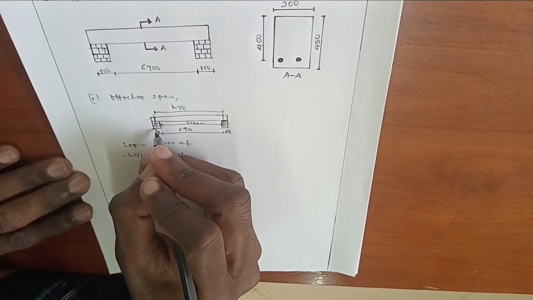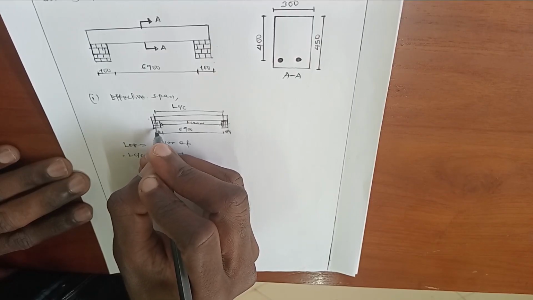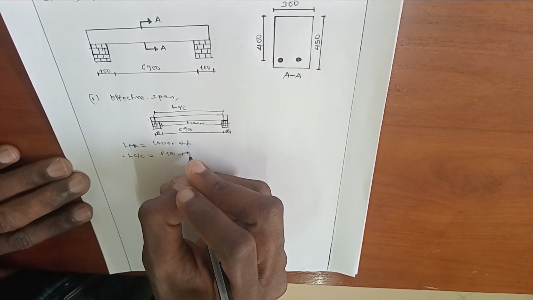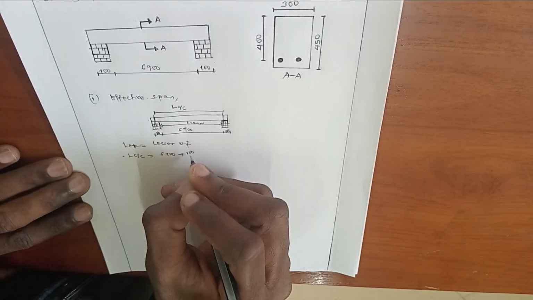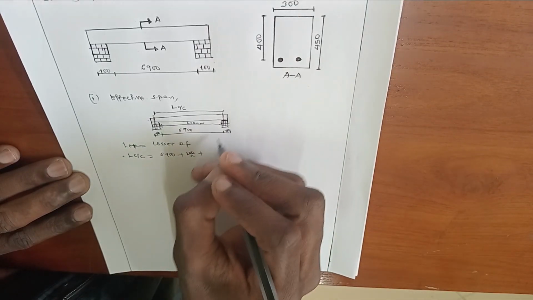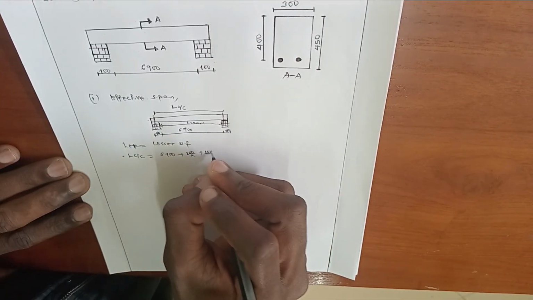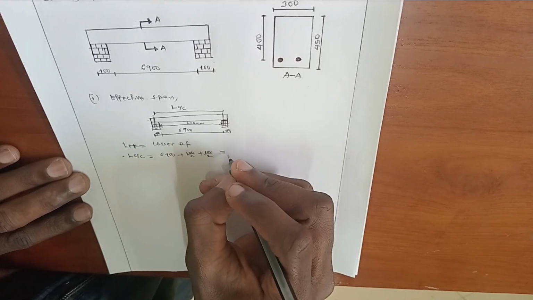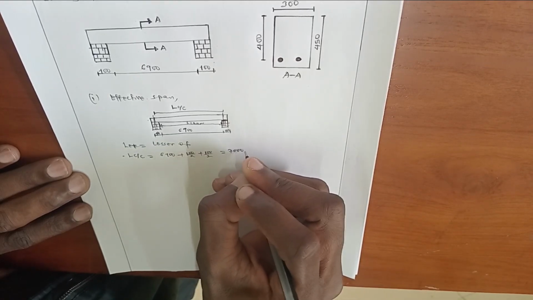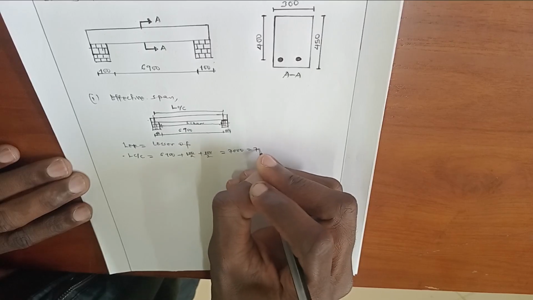To obtain the distance from the center of this support to the inner face, take width of the supports divided by 2, which is 100 divided by 2. The result will be 7,000 millimeter, which is equal to 7 meter.